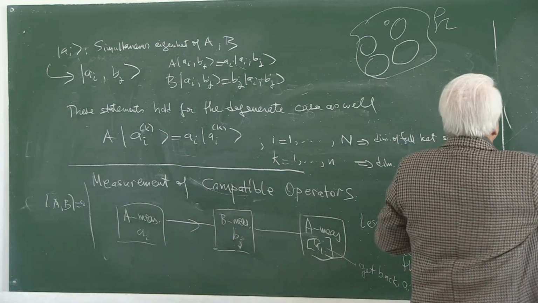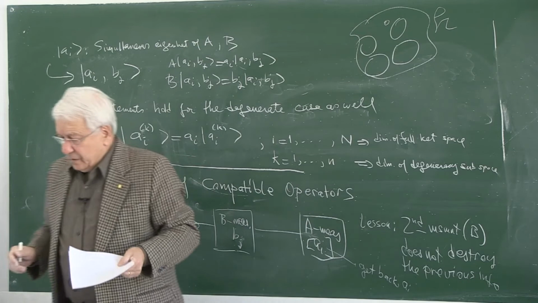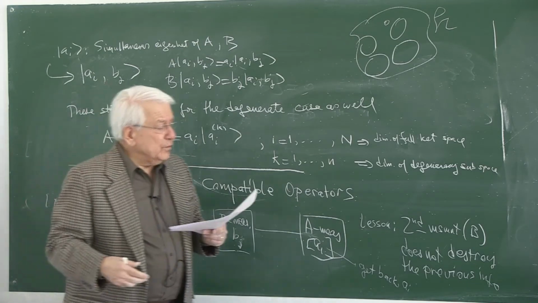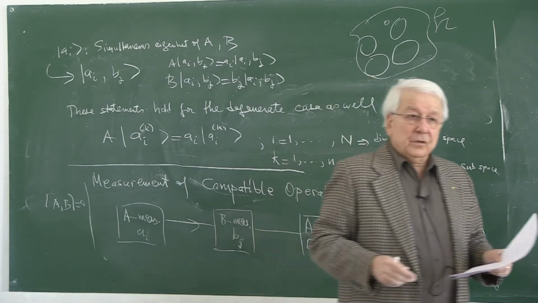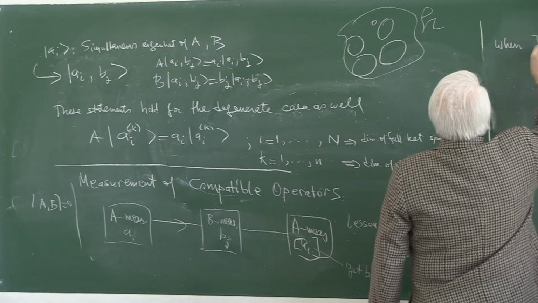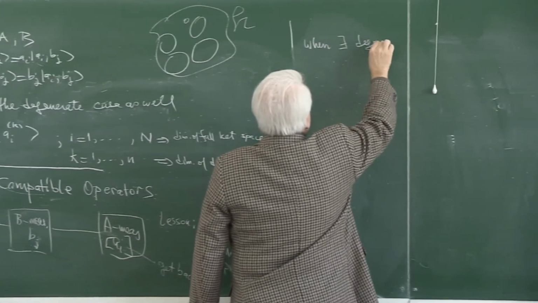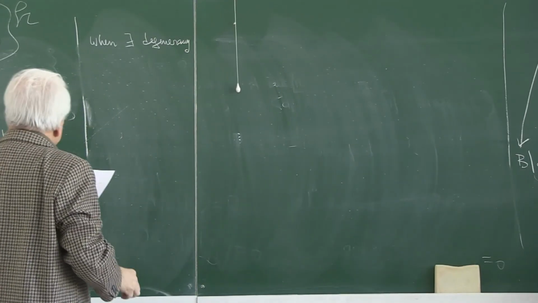When there is degeneracy, okay, let me introduce that sort of rather more involved notation. All these are for the non-degenerate case. When there is degeneracy, then what happens?